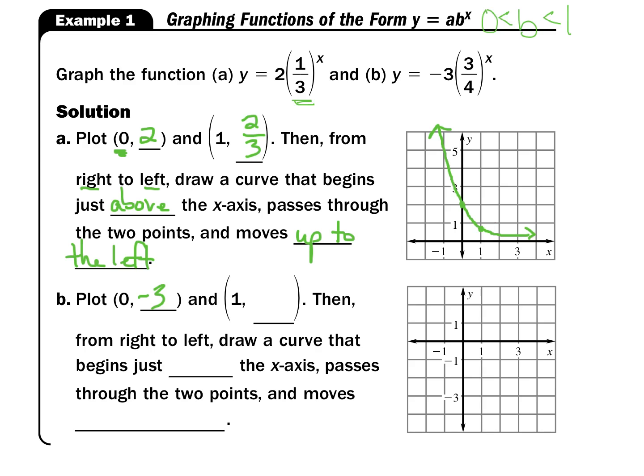If I plug in 1 for x, that would be 3/4 to the first power is 3/4, and 3/4 times -3 is -9/4. So I have (0, -3) and (1, -9/4), so -9/4 would be -2 1/4, about there.